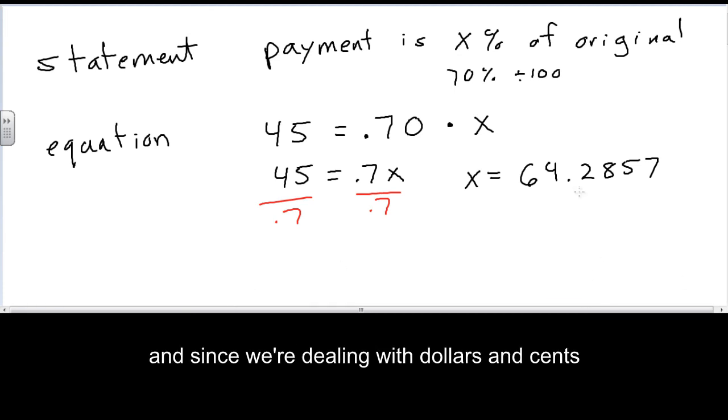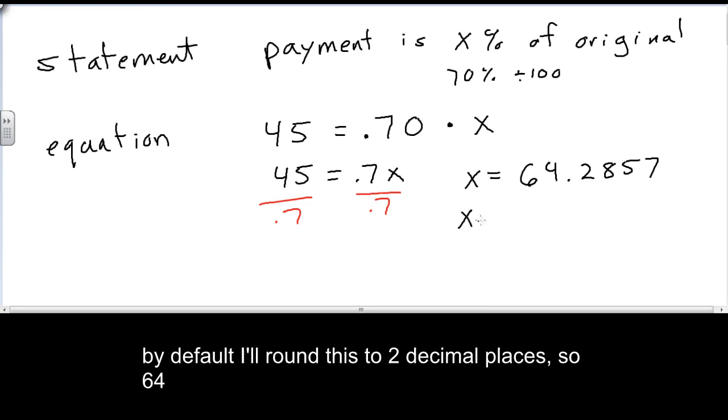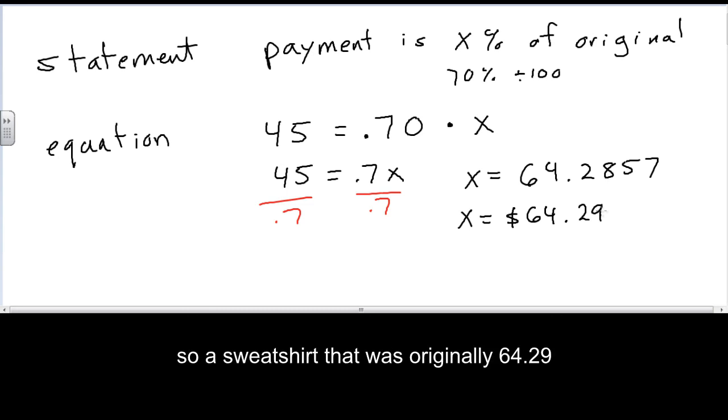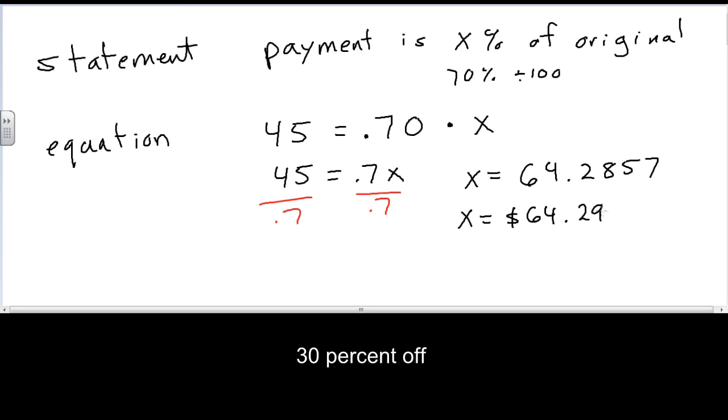Since we're dealing with dollars and cents, and we have no other rounding instructions, by default I'll round this to 2 decimal places. So I'll say $64.29 was the original price. So a sweatshirt that was originally $64.29, 30% off, allows for the payment of $45.